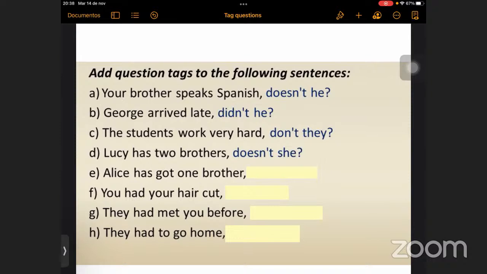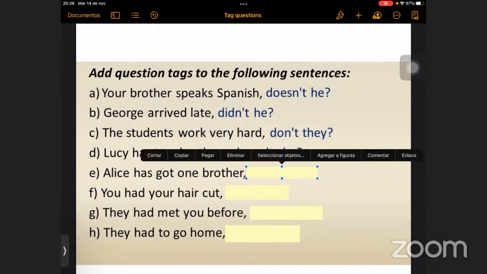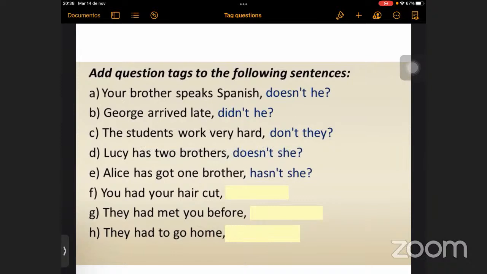What's the auxiliary and what is the equivalence for Alice? Alice equals what pronoun? Hasn't she? Okay. It's like present perfect.